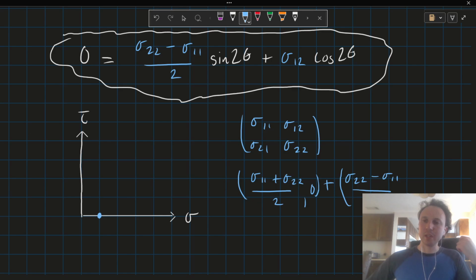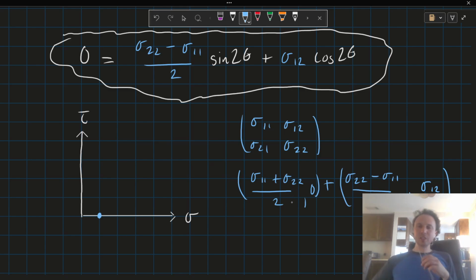And then we're going to put in the sigma 1,2 as well. So basically, this is our center here, and we're going to go from the center, and add the difference between the 2 of these on the x-axis. Then we're going to add the shear stress on the y-axis. So let's say that puts us right here. Up 3, down 2.